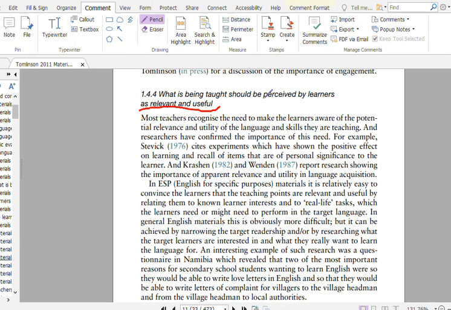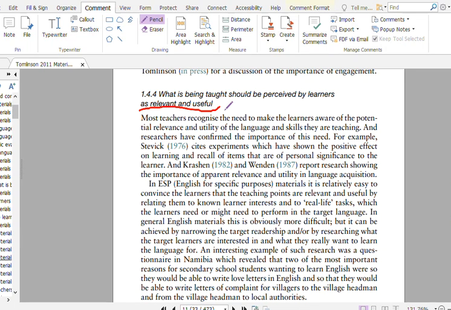Number 4, what is being taught should be perceived by learners as relevant and useful. Unfortunately, in textbooks, sometimes topics, texts or exercises are included that students think are not relevant to their lives. They think these materials are there only for practice. In the future, they never encounter these exercises or problems. So they think these things are only for learning, not for use. So there will be a mismatch between learning and using.